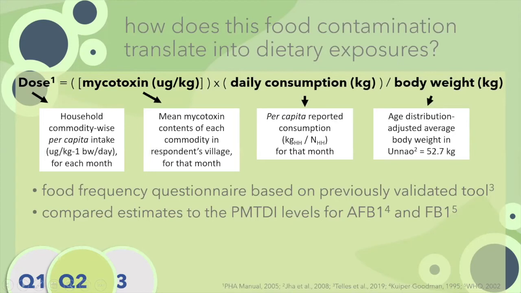To gather the food consumption data, we abbreviated a previously validated tool for food frequency estimation, including portion sizes in the North Indian context. And we were interested in comparing these to the tolerable daily intake levels for aflatoxin and fumonisin.